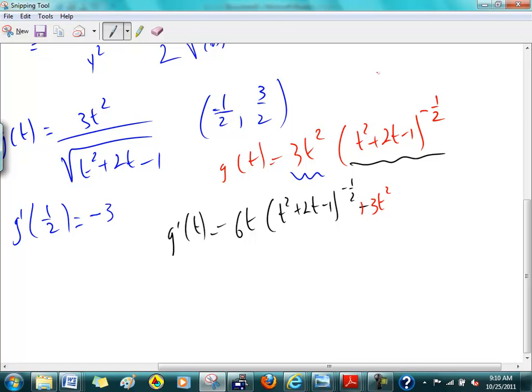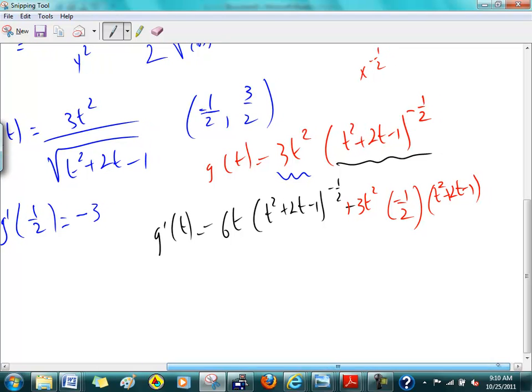So think of this as if it was x to the minus 1/2, right? So then a minus 1/2 comes down here. This guy gets reduced by 1. So what's negative 1/2 minus 1? Negative 3 over 2 times the derivative of the inside. This is the inside right there. 2t plus 2. Is everybody okay on that?